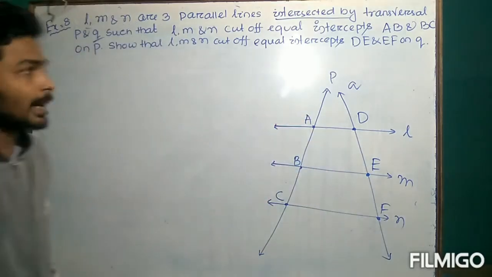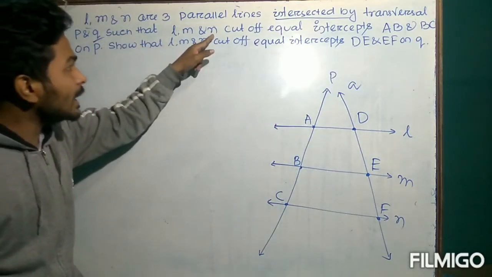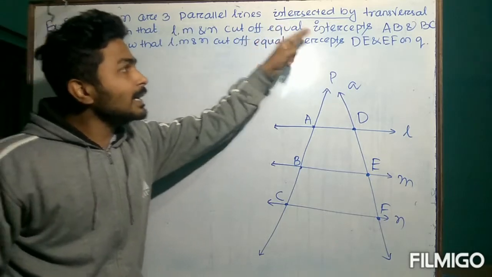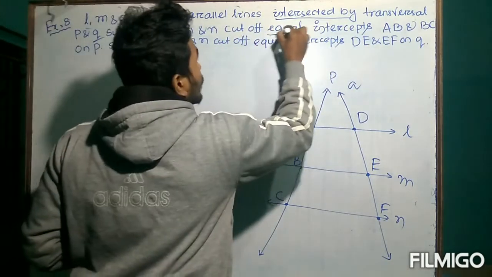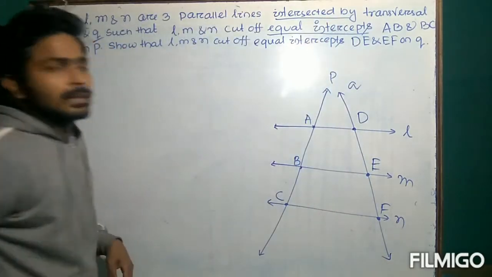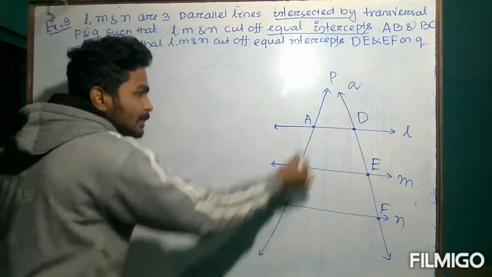Okay, so this is the diagram. Now, such that L, M and N cut off equal intercepts AB and BC. What is the meaning of equal intercepts? It is given that P is the transversal line.